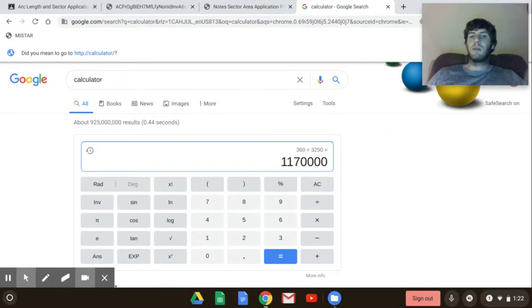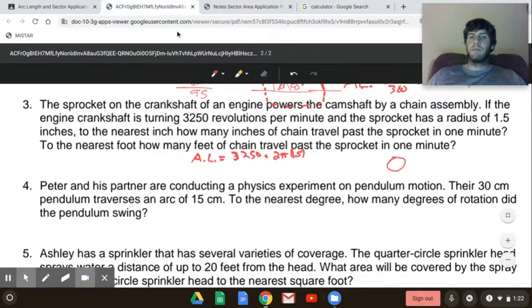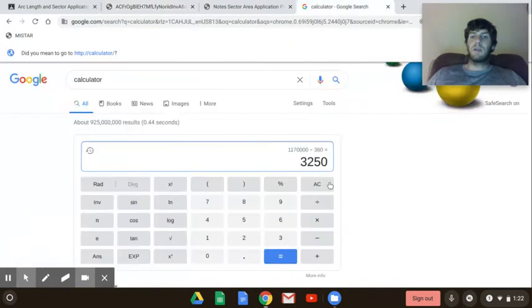So we would do 1,170,000 divided by 360, which gives us 3,250. Because one rotation is 360 degrees, and we have 3,250 of them. Then we can put that in our calculator: 3,250 times 2 times pi times 1.5.